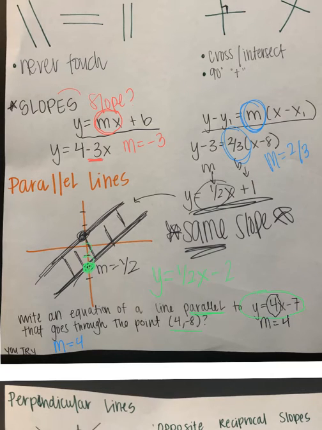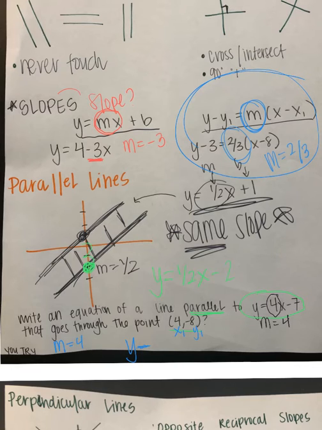Let's remember point slope form, which we can use right here. If this is my x1 and this is my y1, can I write a full equation? The answer is absolutely. We're going to plug it into this point slope form. We're going to say y minus y1.